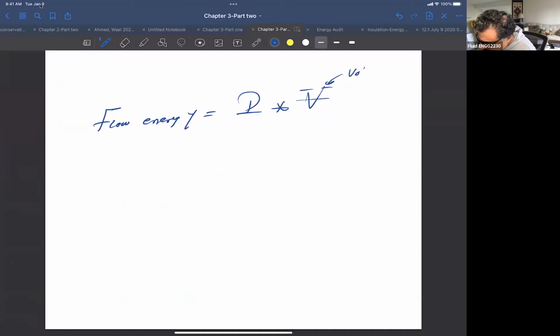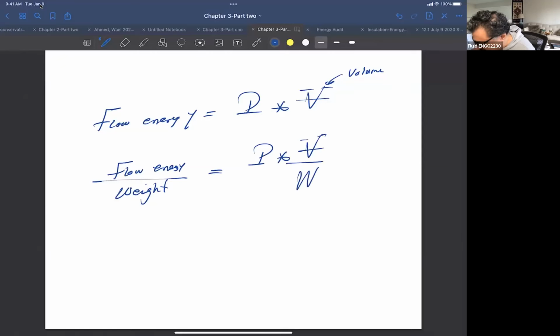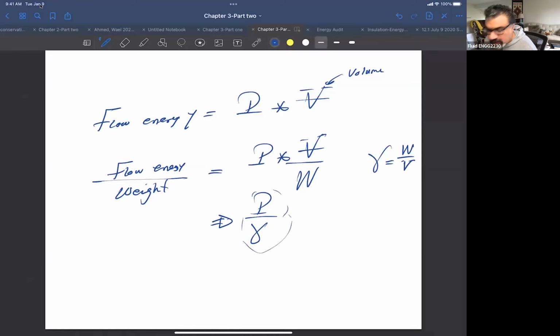So flow energy per unit weight will be pressure times volume divided by the weight. I know gamma is weight over volume, which means that this flow energy per unit weight is pressure divided by gamma. So the term inside the Bernoulli equation is basically representing the flow energy per unit weight, okay?